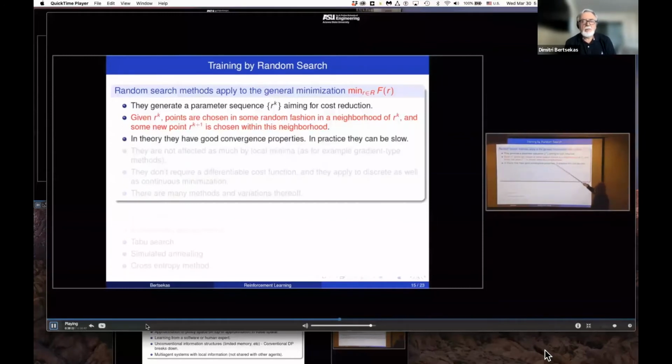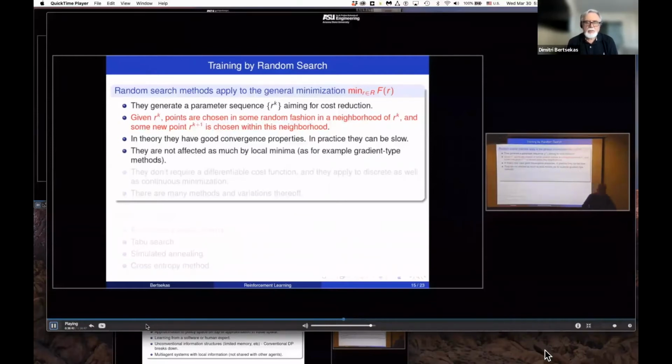There are quite a few methods of this type, and they generally have good convergence properties. In other words, you'll see theorems that given a sufficient number of random points, you can get arbitrarily close to the optimal solution. However, in practice, they tend to be slow. An advantage that they have is they don't care about local minima. Okay, they're not affected as much. Gradient type methods are affected by local minima. These are not affected that much.